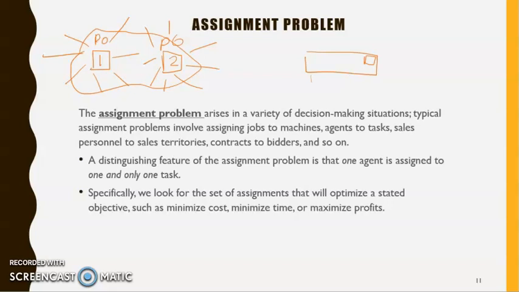Let's take it for the delivery part. For example, you have 3 deliveries and you have 2 deliverers. You can assign it in this way, for example.